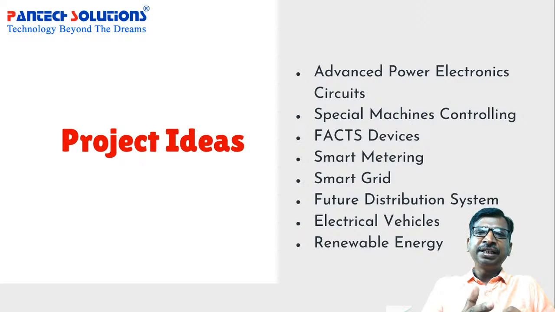If you work a lot on them, your work will be highly appreciable, and you can use those projects in your future career. Similarly, special machine control like switched reluctance motor, synchronous reluctance motor, BLDC, flux machines, and linear induction motors will be highly valuable concepts if you choose them as a topic.